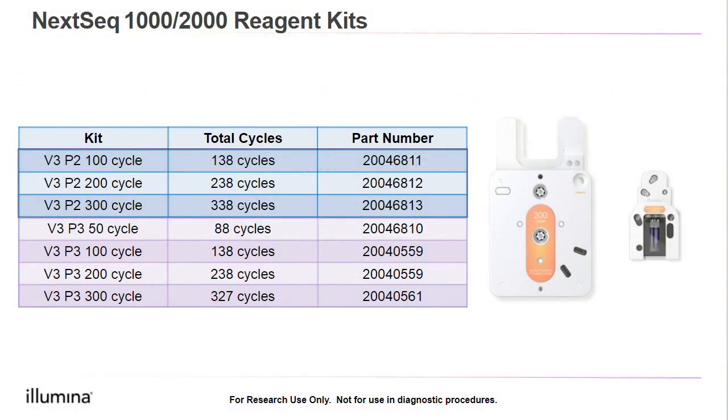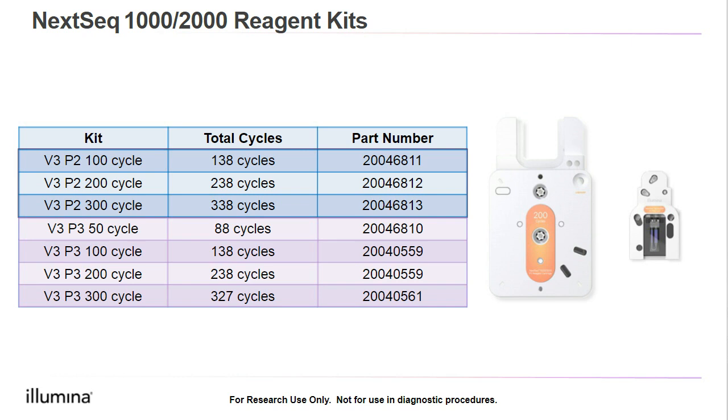Currently, we have V3 P2 kits offered in 100, 200, and 300 cycles. Each of these kits has an additional 38 cycles to allow for indexing. We also have V3 P3 kits, which include 50, 100, 200, and 300 cycles.